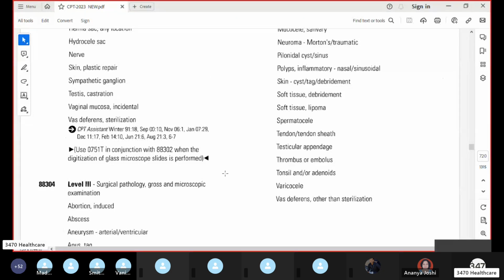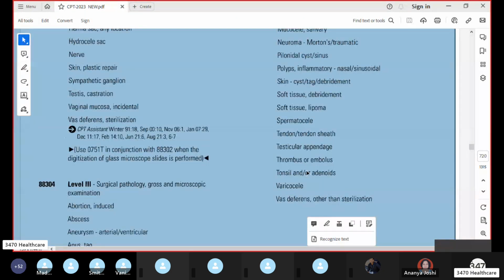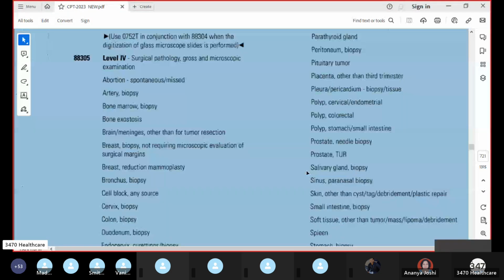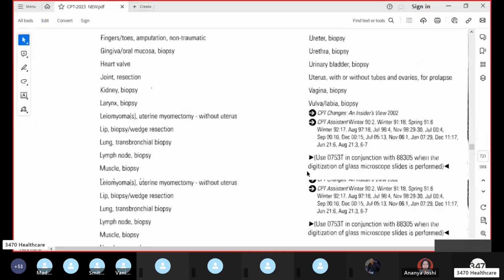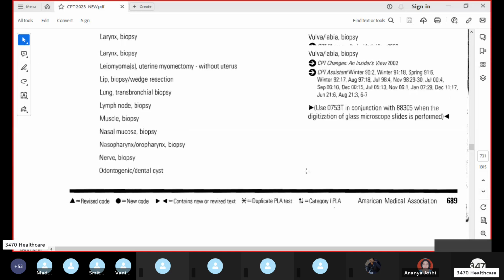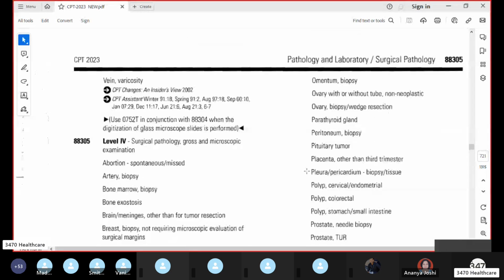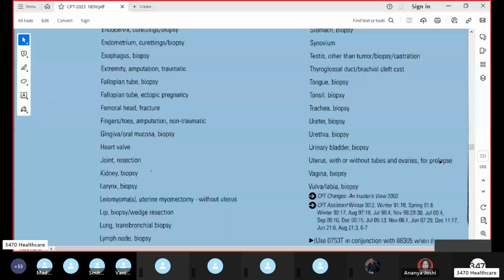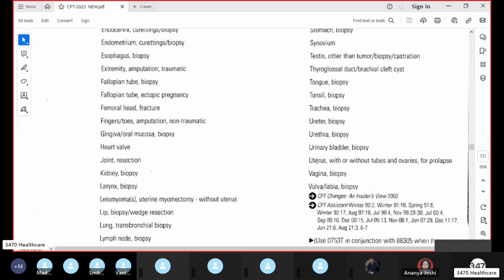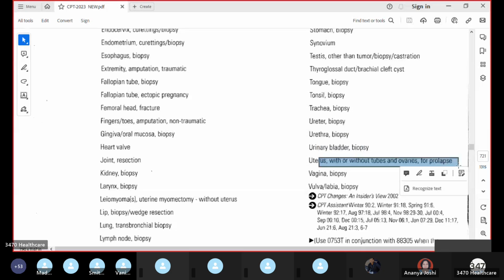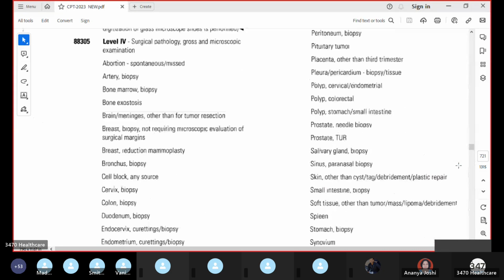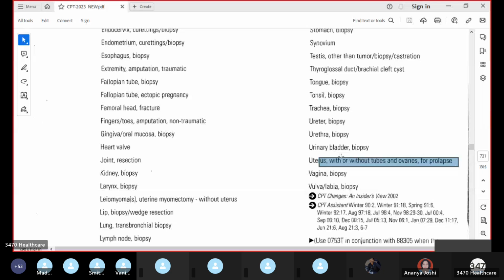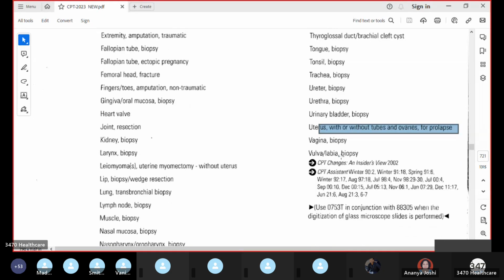Uterus sample taken from the uterus for prolapse. You are looking at page number 689. In that, uterus with or without tubes and ovaries for prolapse. So I said uterus for prolapse, which means your code is 88305. Everyone clear?